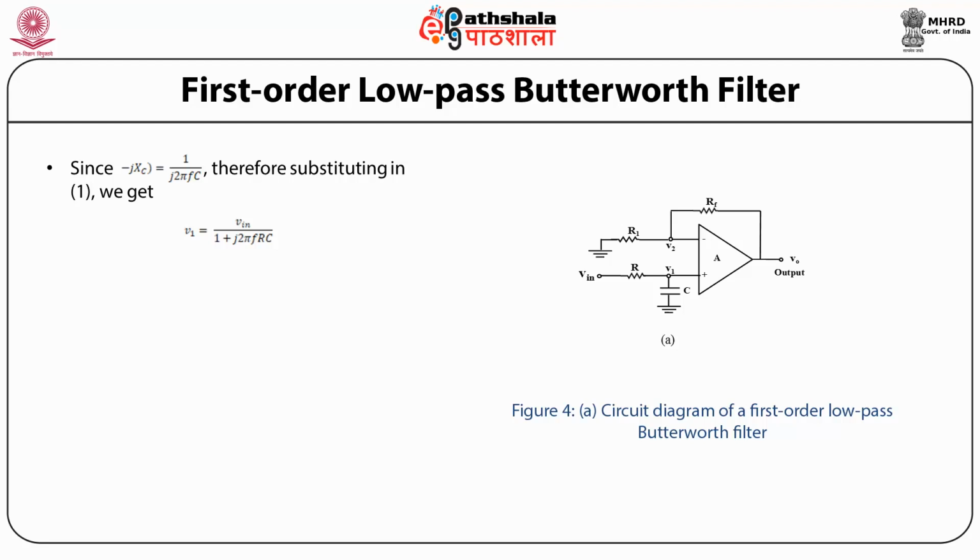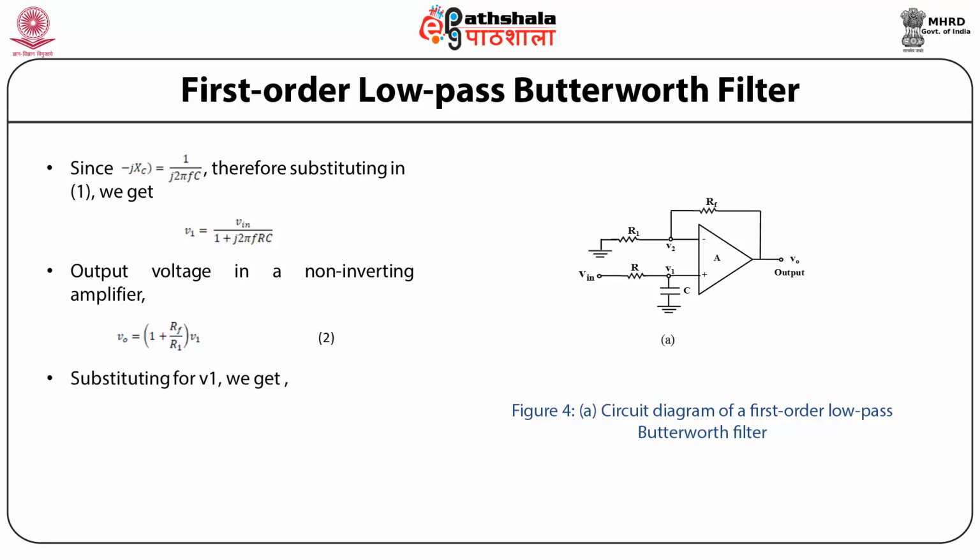Now, we know that the output voltage in a non-inverting amplifier V0 is related to the input voltage V1 by the equation V0 is equal to (1 plus RF by R1) into V1. Therefore, substituting for V1, we get V0 is equal to (1 plus RF by R1) into Vin divided by (1 plus j into 2 pi fRC).